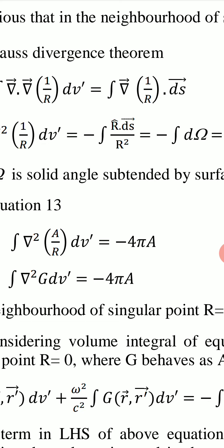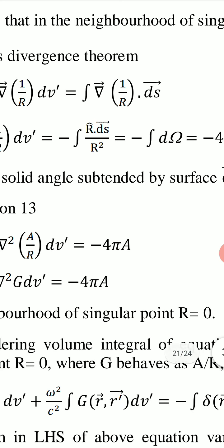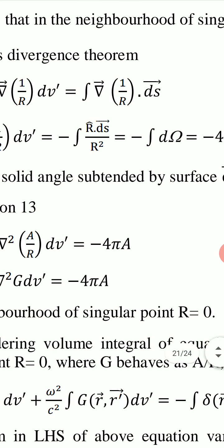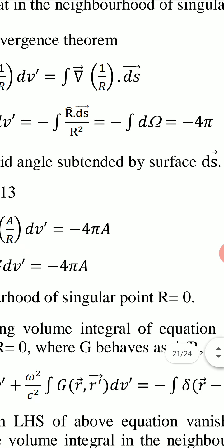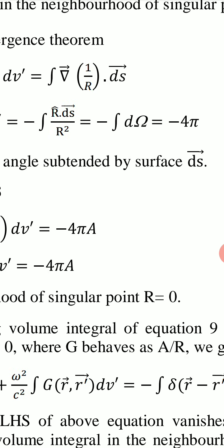So we have right hand side equal to minus 1 upon r square r cap dot ds, and the quantity inside this integral of right hand side, r cap dot ds upon r square, is equal to d omega. It is the solid angle subtended by this surface area ds vector, and integral d omega is equal to 4 pi.